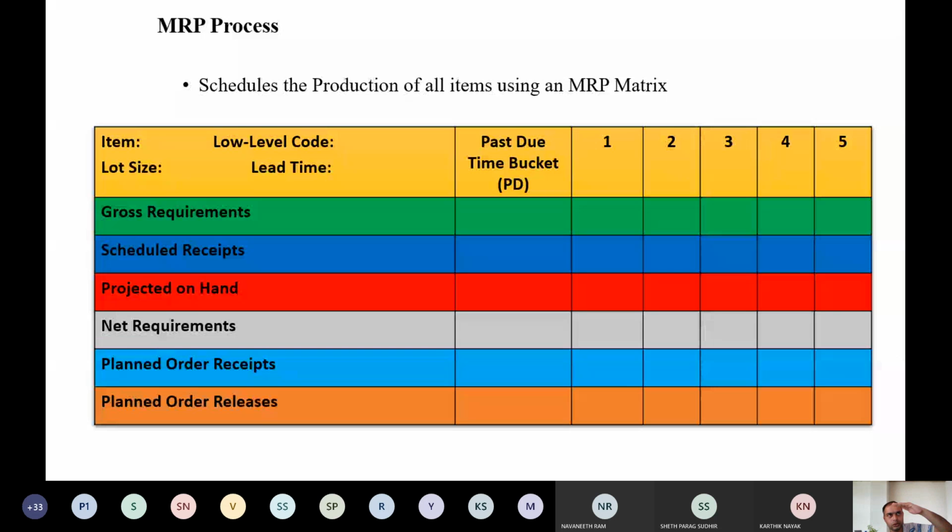So here 1, 2, 3. The low level code for C and D is 3. A and B come in the 2nd level. Product A comes in the 0 level. So 0, 1, 2, that is the hierarchy. Don't worry about it. You will get it as we proceed.